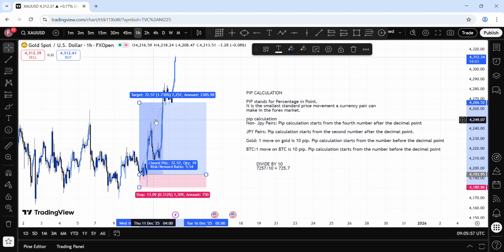And this is the same thing that applies on BTC. But let's go to a BTC chart so you can see.